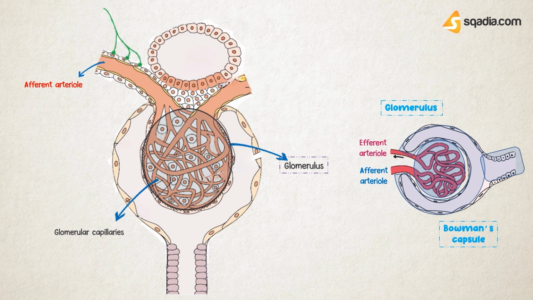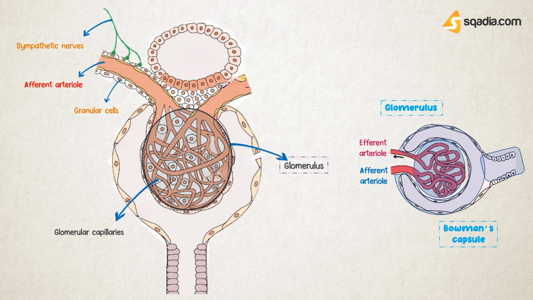The walls of the afferent arteriole are associated with specialized granular cells. These granular cells produce renin, which is a part of the renin-angiotensin-aldosterone system. These cells also have a sympathetic innervation, which means that they are connected with numerous sympathetic nerve endings.